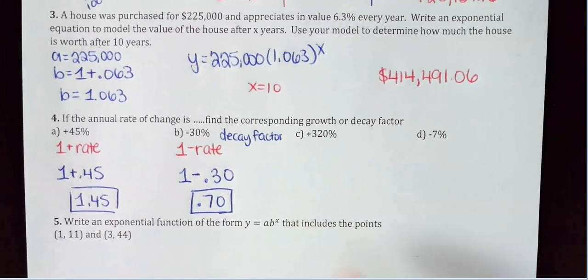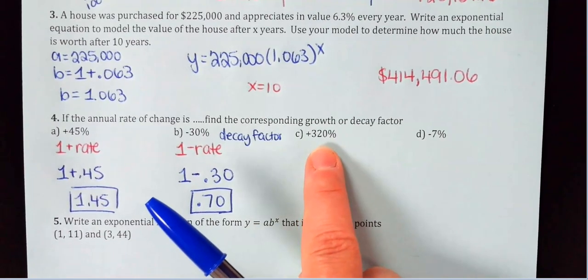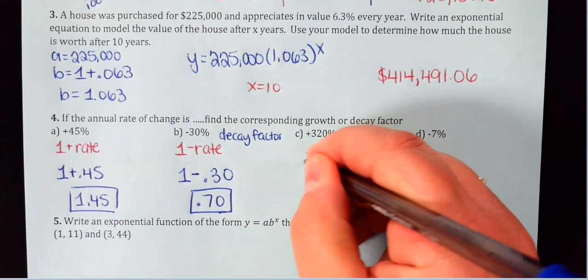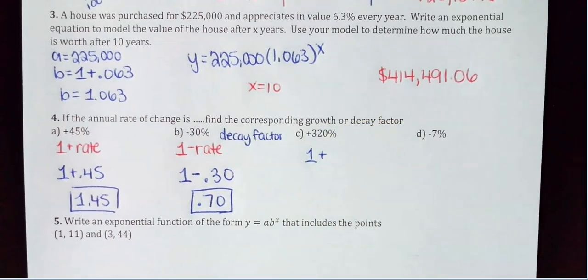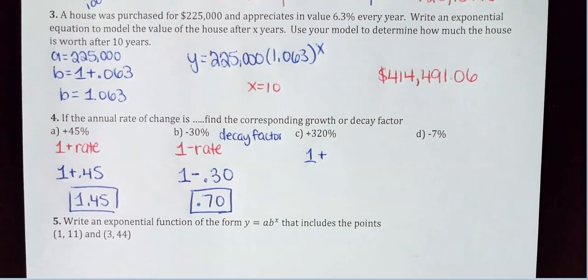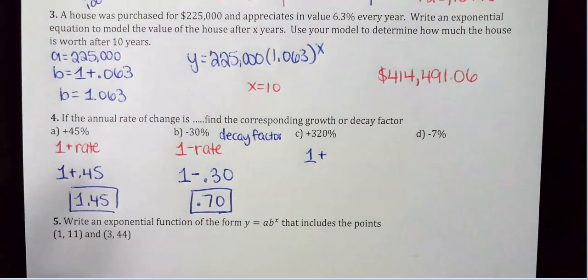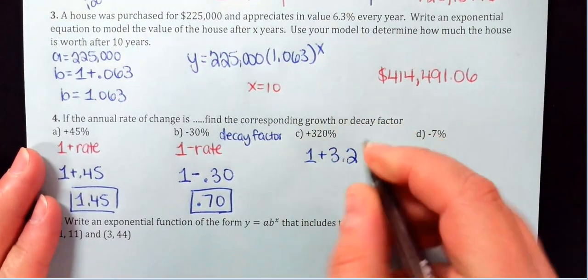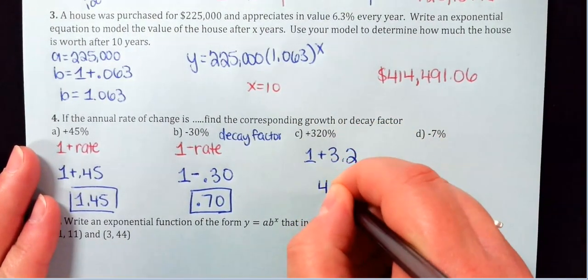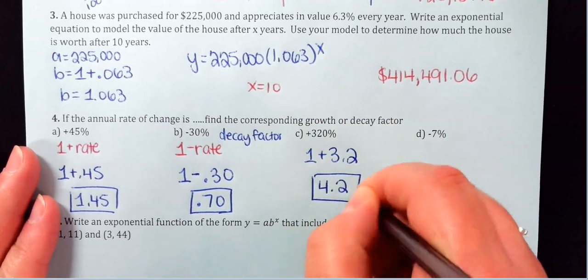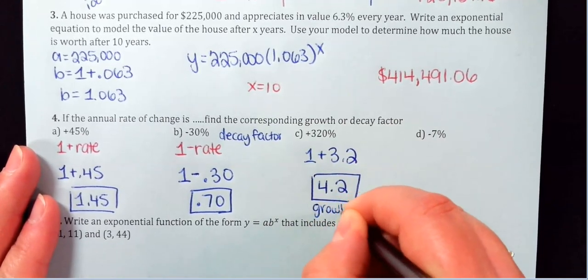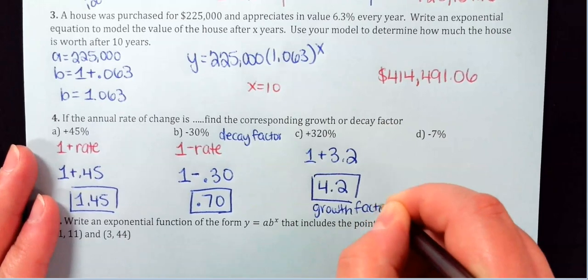Now, if I do plus 320, this is kind of weird. If I'm adding my rate here, I'm going to add this because it's plus. How would you write 320% as a decimal? 3.2. Good. So then if I add this up, this would be 4.2, and since it's a plus, this would be the growth factor.